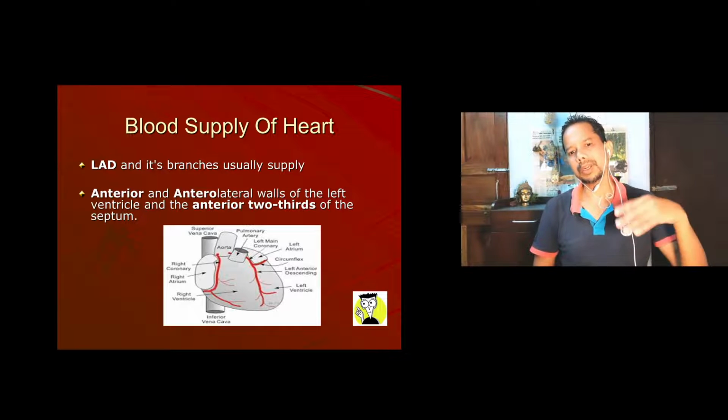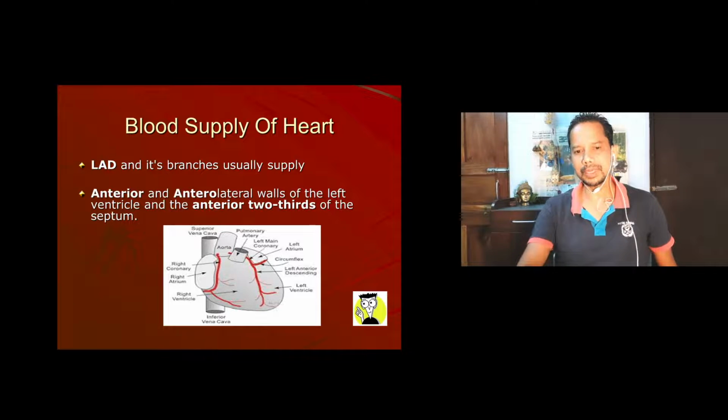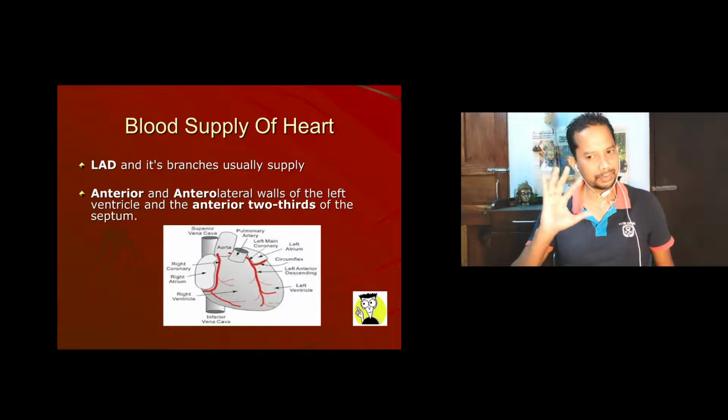So the anterior part of the left ventricle, the anterior part of the heart, the anterior lateral walls, and the anterior two-thirds of the interventricular septum. Mind you, I have highlighted all this: anterior, anterior, anterior. The posterior one-third of the interventricular septum is supplied by the right coronary.